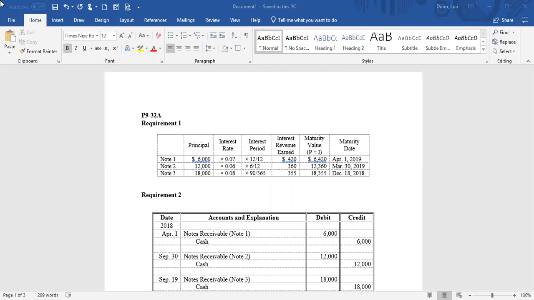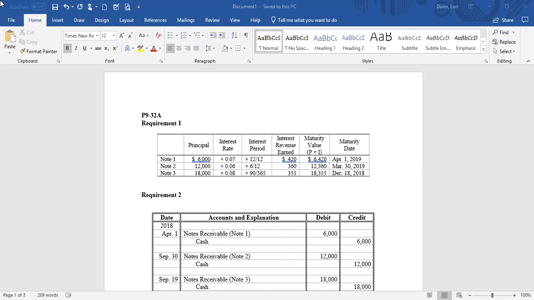So for note 1, $6,000 principal, 7% interest rate times 1 year is the term. So 12 over 12. So we would calculate a whole year's worth of interest on a 1-year loan, $420. $6,000 principal plus $420 interest revenue earned, $6,420 is the maturity value.